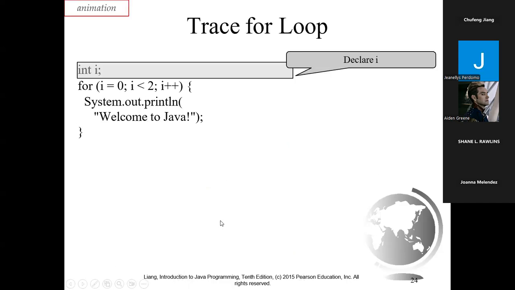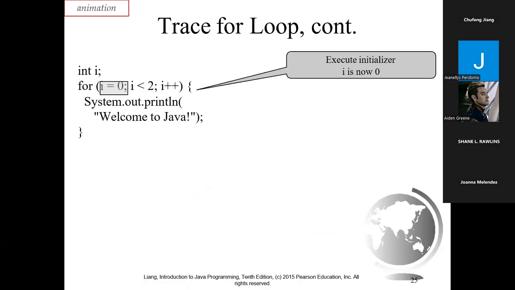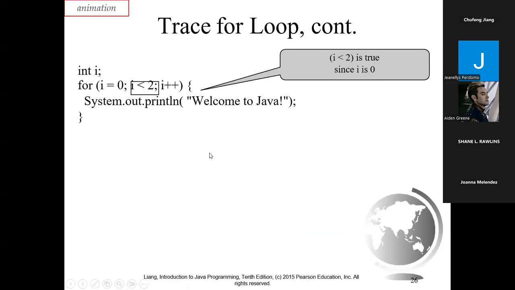So we can use a program to trace the for loop here. Initially, we declare i outside of the for loop. After that, we initialize the variable i to 0. That means now i is 0, and we are starting from the first iteration, which is counted by 0.